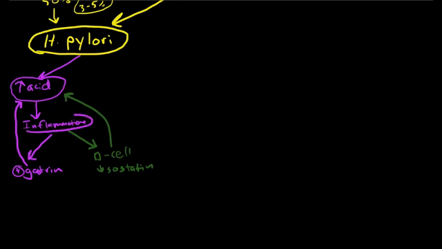It stimulates the parasympathetic nervous system, which causes more acetylcholine to be produced, and that also produces more acid. So we have more gastrin is 1, less somatostatin is 2, and direct stimulation of the parasympathetic nervous system would be 3. And it all ends up with more acid.